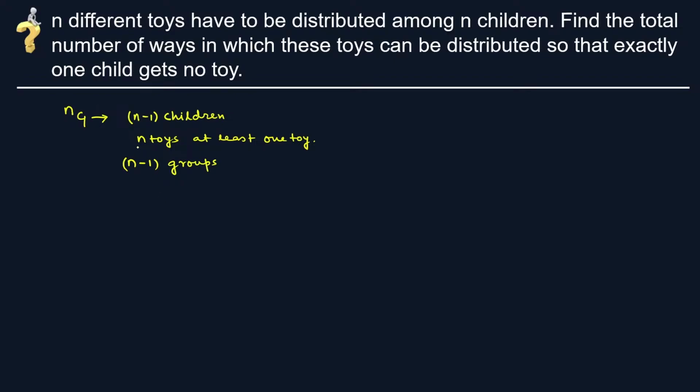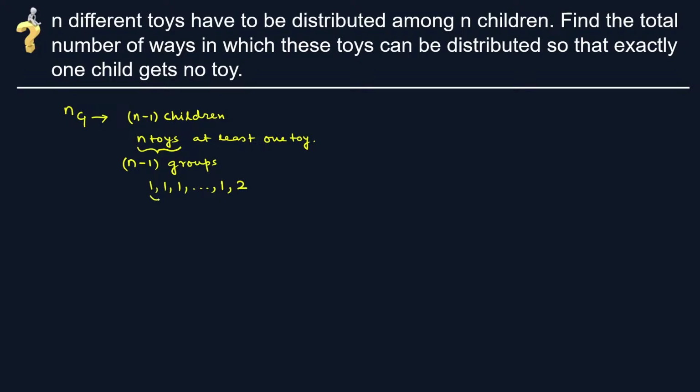If you want to distribute these n toys into n-1 groups where each group has at least one toy, the division can be in this way: 1, 1, 1, all 1, and one group will contain 2 toys.